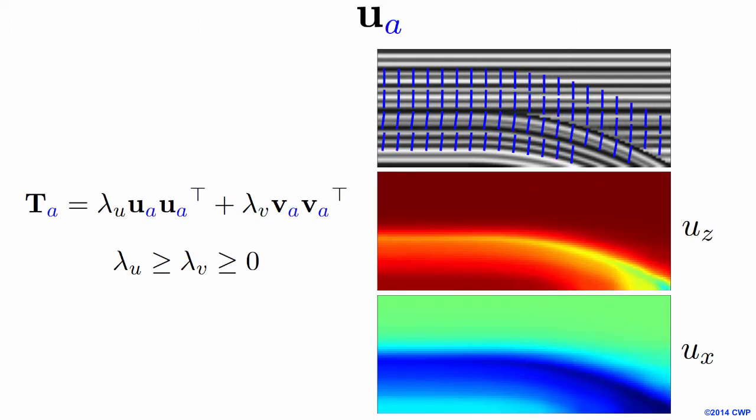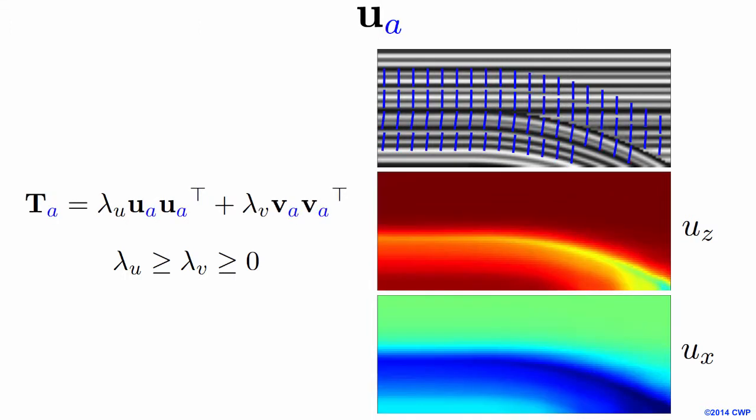Then we also do the eigen decomposition to the structure tensor TA to obtain the corresponding seismic normal vectors UA, as denoted by the blue segments in the image above. Again, the two images below are the vertical and the horizontal components of this vector field UA.